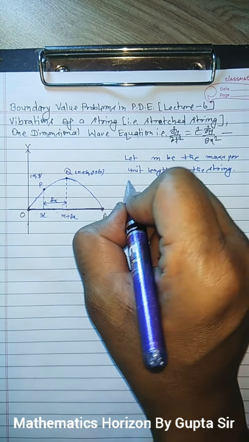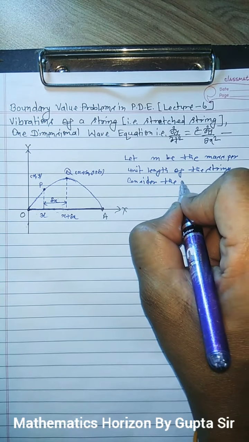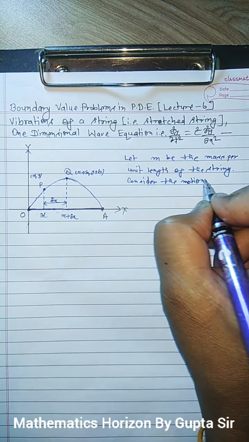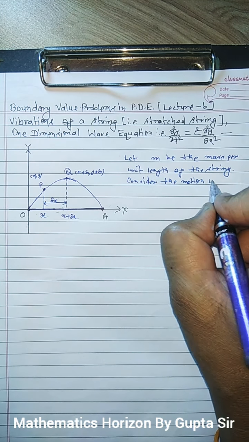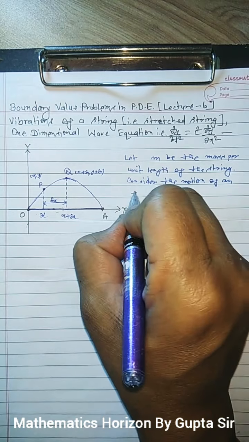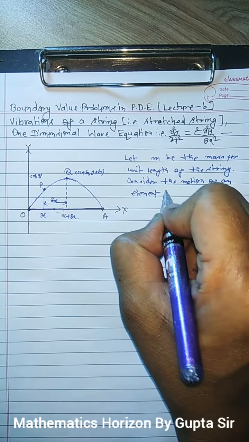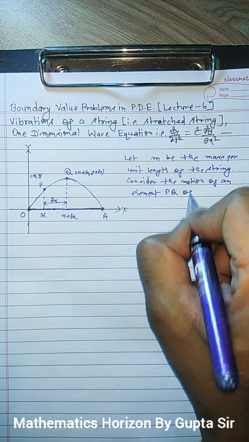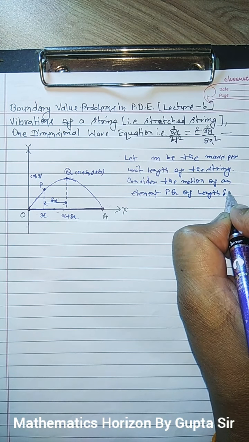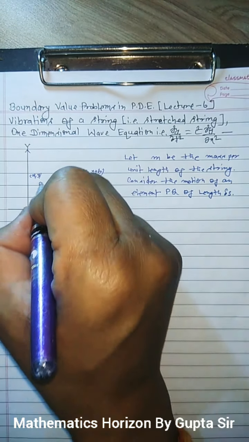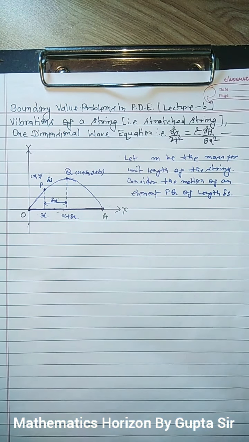Now consider the motion of an element PQ of length del S, and suppose this is the length of PQ.